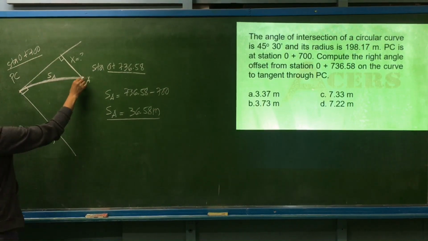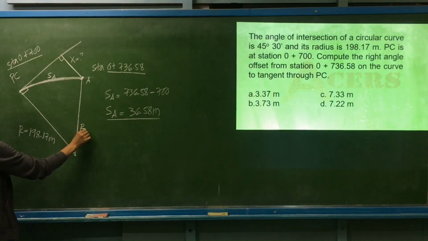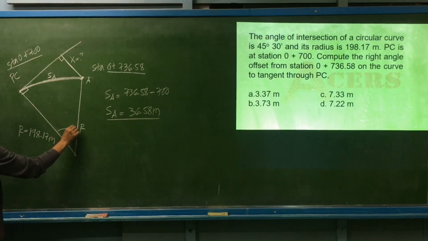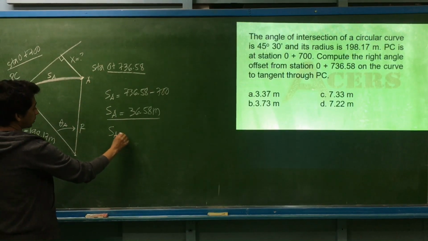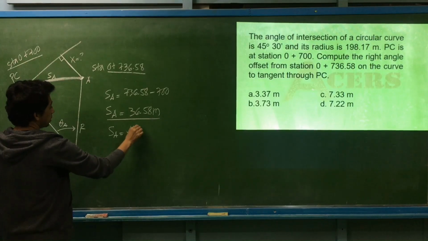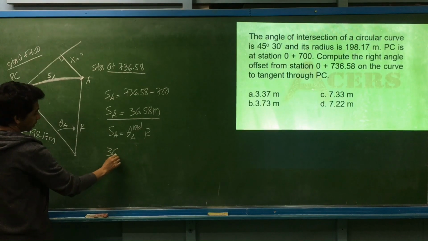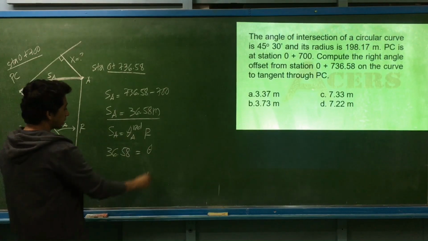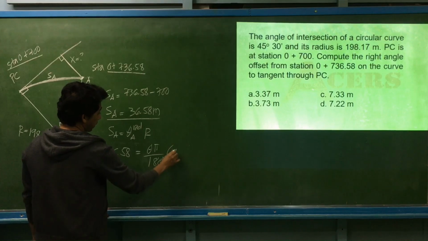So this is the part of the curve. We draw a line toward the center. This is the same as the radius. Okay? We can now get its equivalent central angle up to point A, from the given station. The arc length up to point A is theta, in radians, times the radius. We have 36.58 equal to theta times pi over 180 degrees times the given radius, 198.17.